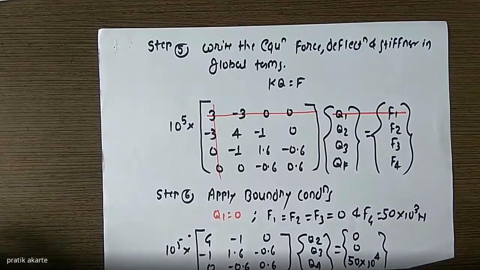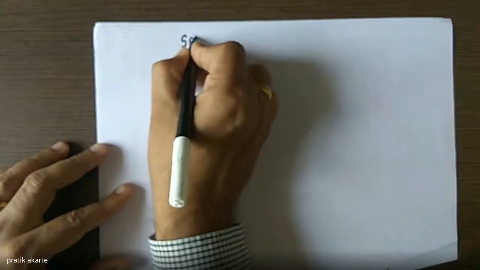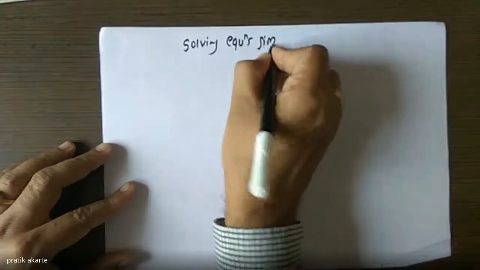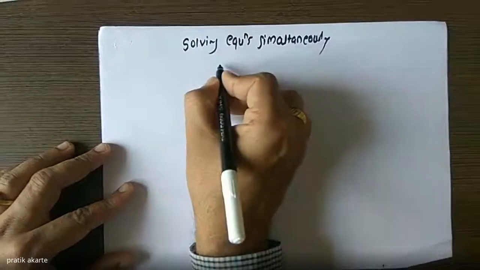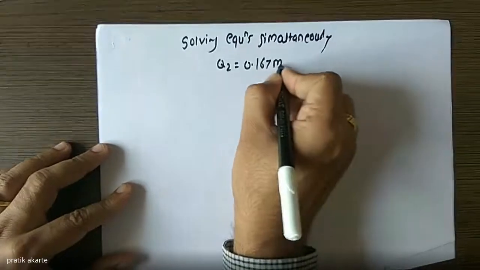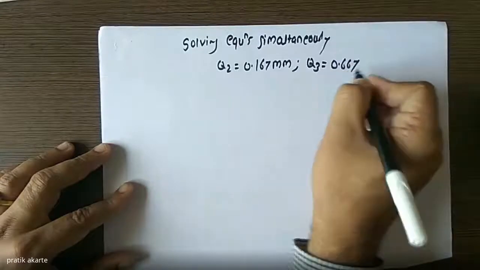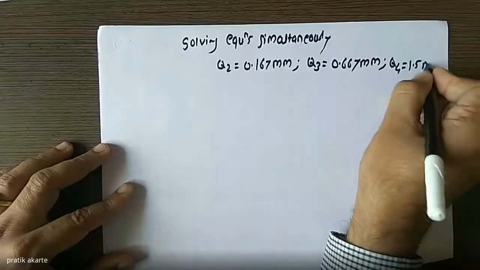Solving these 3 equations and 3 unknowns simultaneously with the help of a calculator, I get the displacement at node 2 as 0.167 millimeter, Q3 as 0.667 millimeter, and Q4 as 1.5 millimeter.